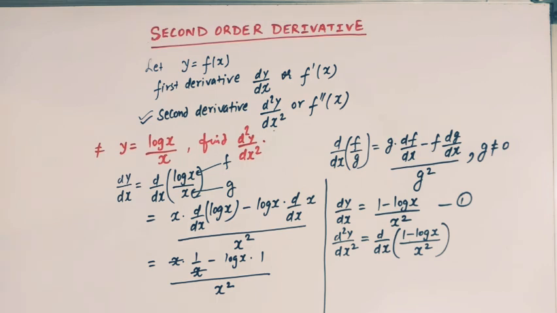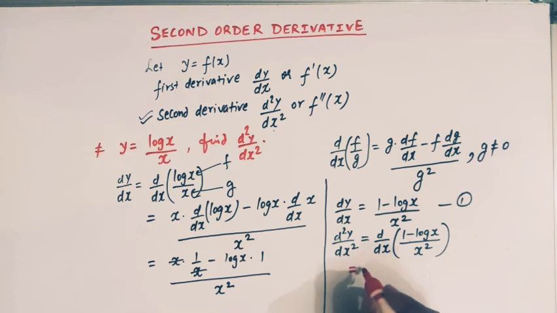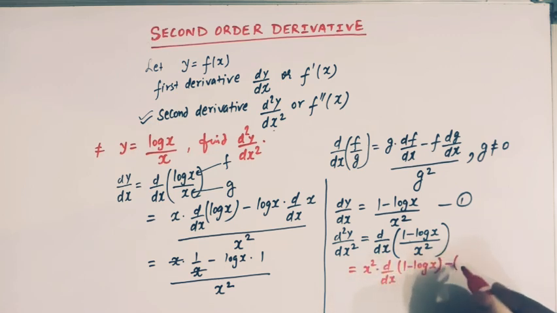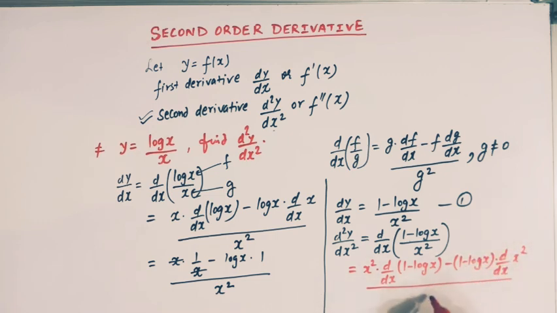So if we apply this rule here, we have x square, then we have derivative of 1 minus log x, then we have minus 1 minus log x, and derivative of x square, and divided by x square whole square. Okay, so now we'll simplify this expression.